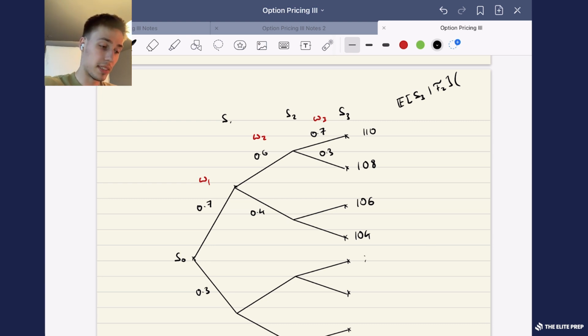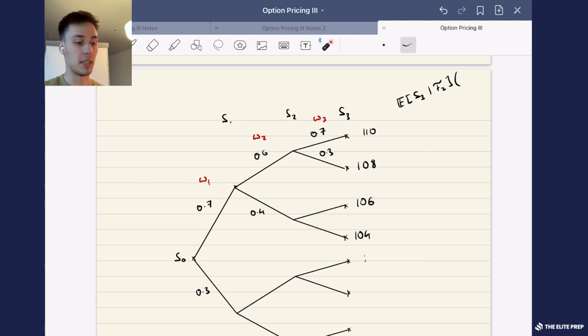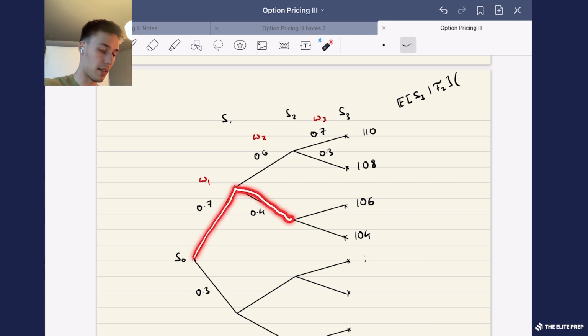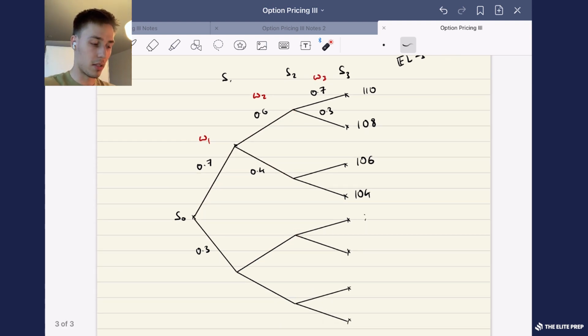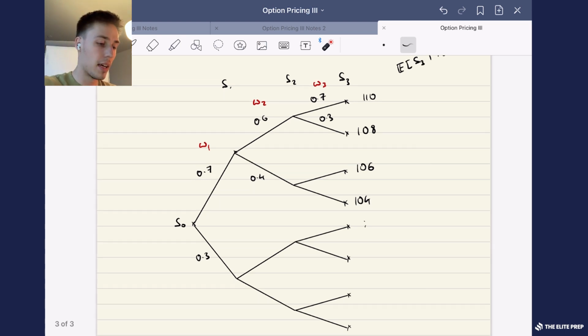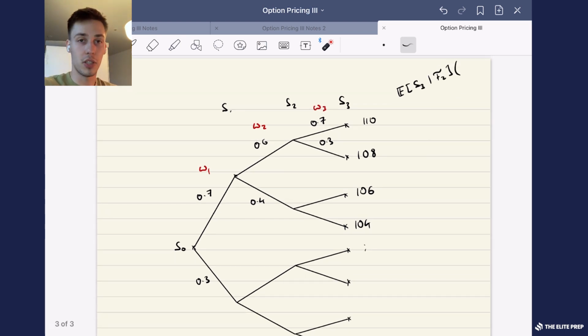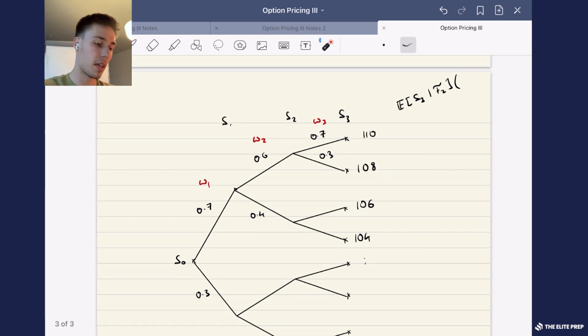function of the state that we're at, because the filtration could have many possibilities, right? We could have this path or this path or this path. So at time 2, there's 2 to the 2, so 4 possible paths that we could take. And the filtration is a function, so the expected value given a filtration is a function of the specific path that we've taken.